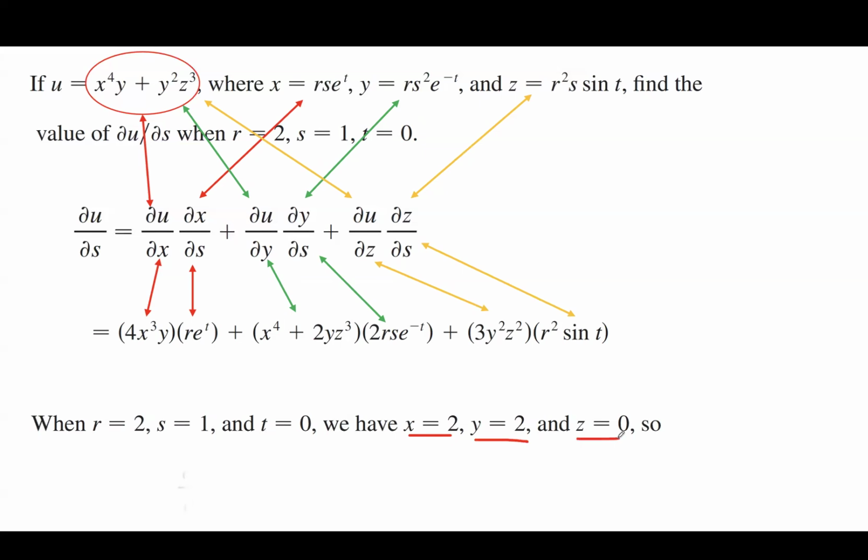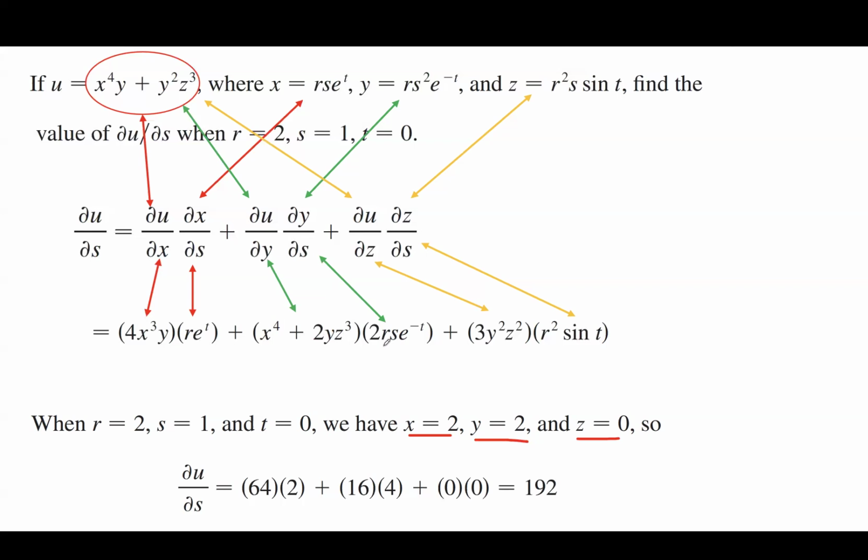Now substitute everything into the last expression that you have. You have 4 times x cubed, but x is 2, multiplied by y, which is 2, r is 2, t is 0, plus x to the power 4, which is 2 to the power 4, plus 2 times 2 times 0, so this term becomes 0.